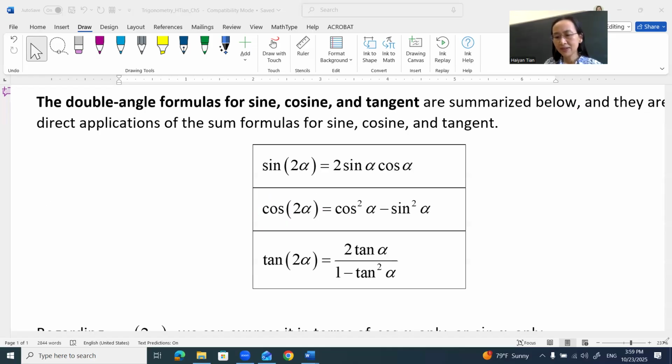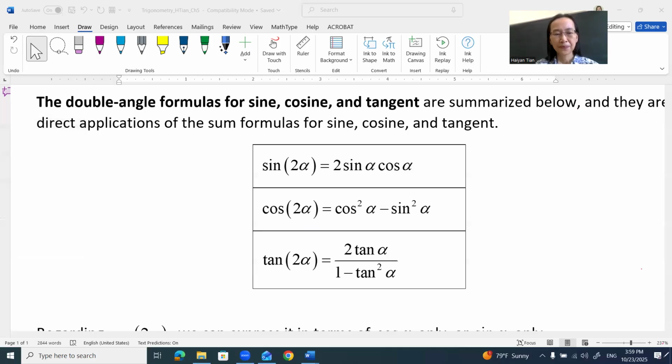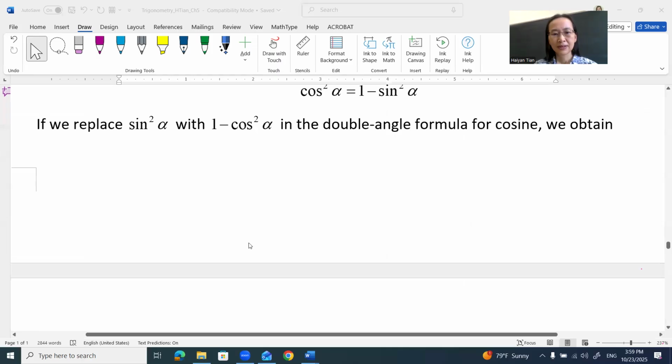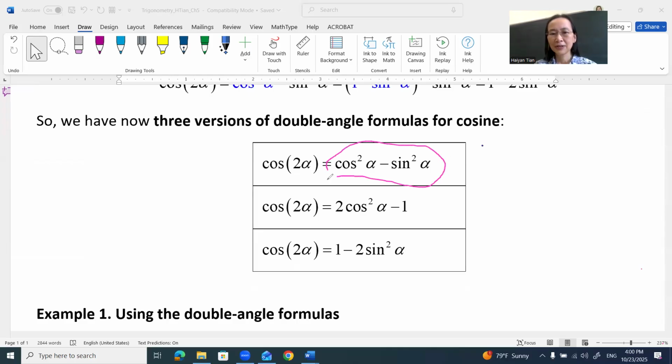So let's recall the double angle formula for cosine. That is either this version, or this second version involving only cosine alpha, or the third version involving only sine alpha.